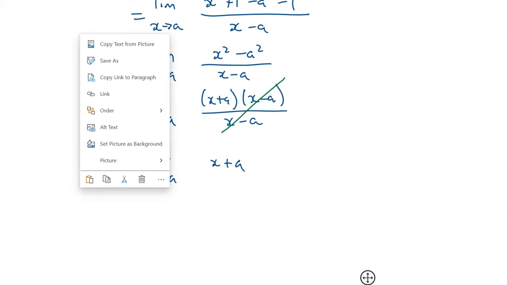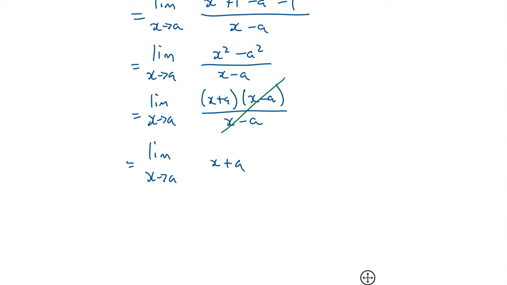Watch. So I've canceled it out. I write it one more time, and then I can sub in. There's my simplified expression, 2a.